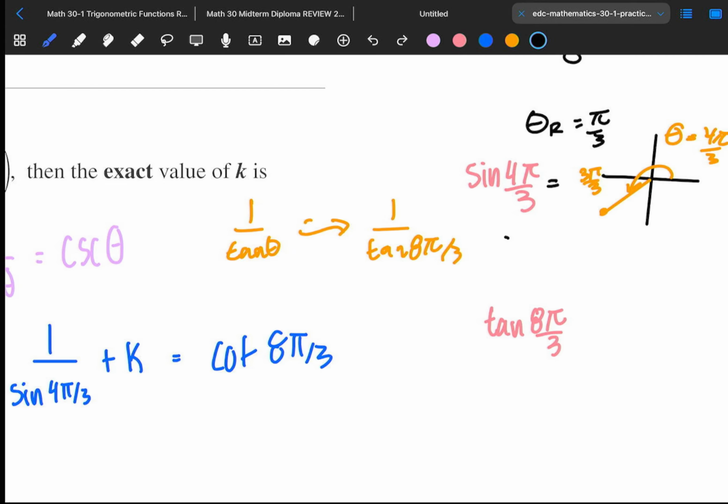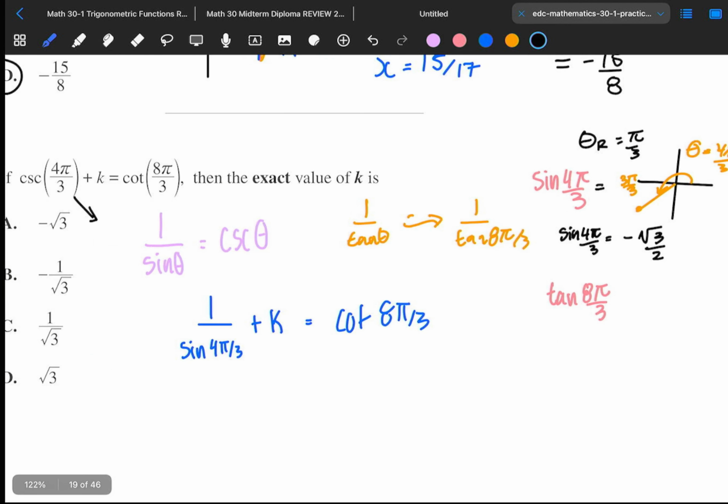So whatever sine of 4 pi thirds is, it's going to be negative. And if you have a reference angle of pi over 3, think back to your unit circle, the exact value of sine at pi over 3 is just root 3 over 2. So I'm going to plug this back into my equation. So 1 over negative root 3 over 2 plus k is equal to cotangent, or 1 over tan of 8 pi over 3.